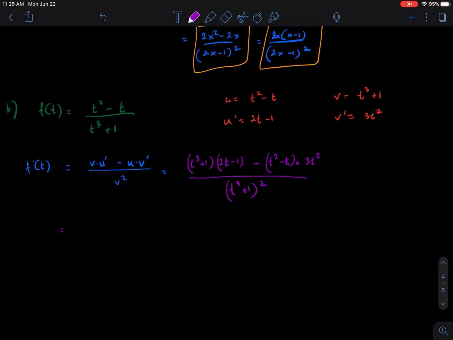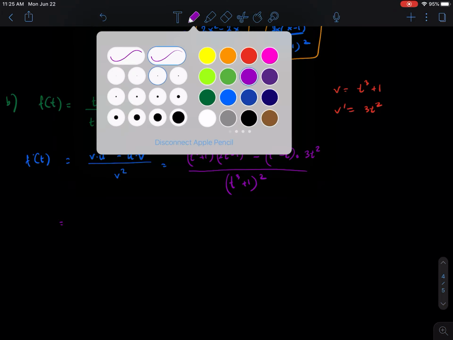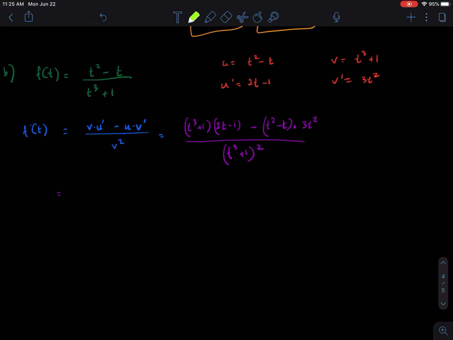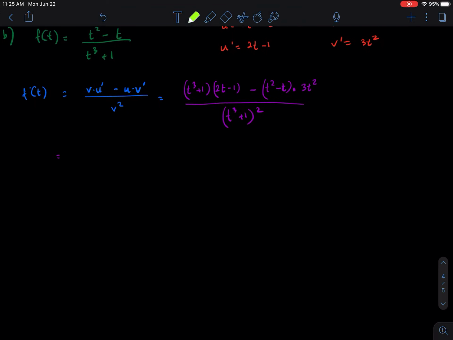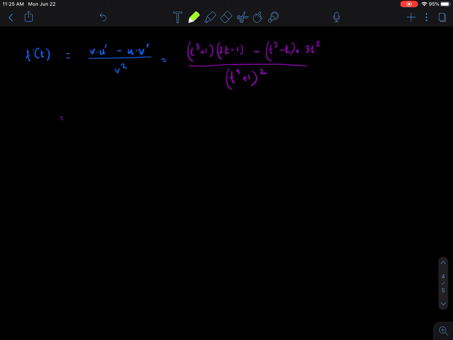Okay. Now let's simplify here. Let's see if this thing factors out. There's no common factor there, so I guess we can't really factor anything out. We just have to simplify this. I'm going to go ahead and FOIL it out.